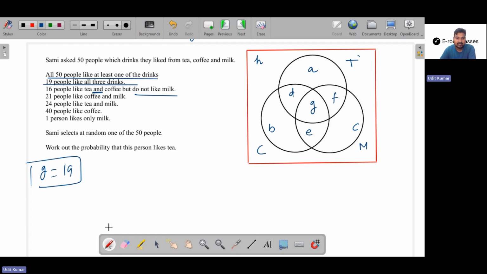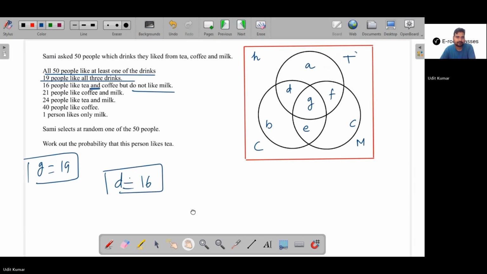If that was not given, then D plus G would be 16. But as it is given that they do not like milk, D is 16.